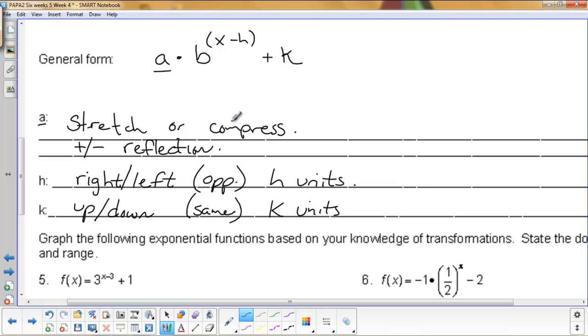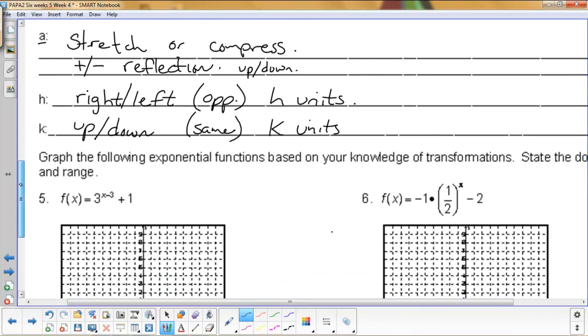Remember that A is either stretch or compress, depending on whether it is greater than 1 or a fractional value. Remember also, if there's a negative attached to the A, that you have a reflection, and that reflection will be from up to down. Right and left is your H. As usual, it is opposite of what you think. Up and down is K, and as usual, it is also the same as what you think.